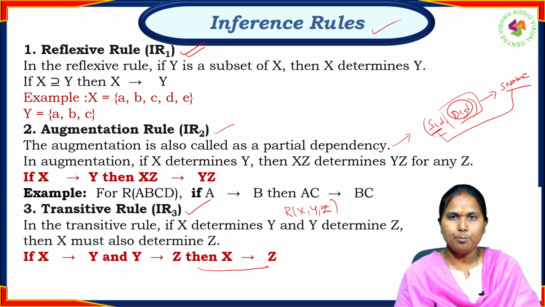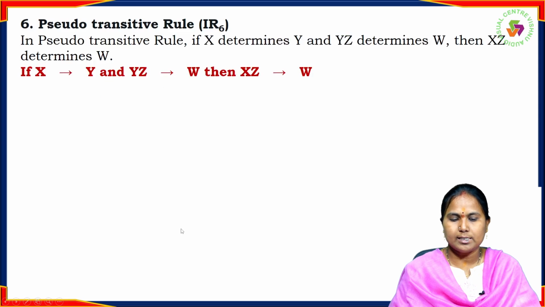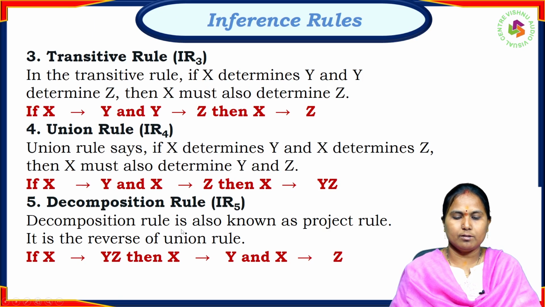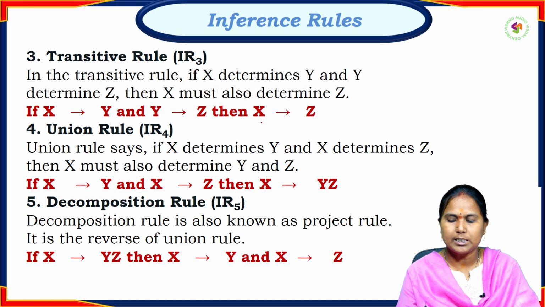If any attributes satisfy this type of association, it is called transitivity. The transitivity rule says that whatever attribute associations exist, those are transitive: x determines y, y determines z, and x determines z.